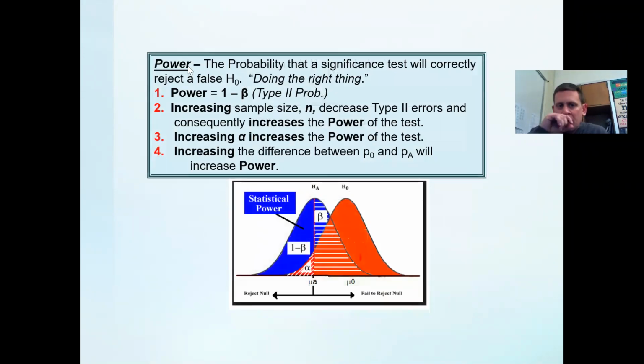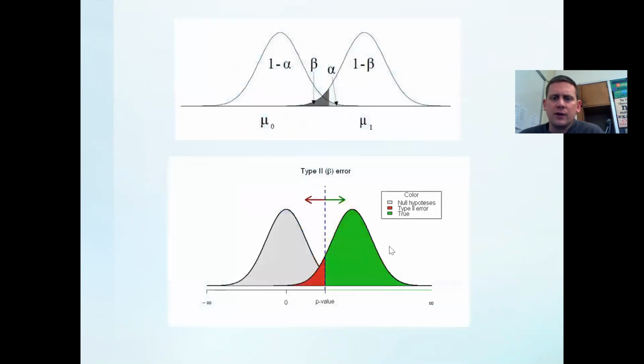All right, so here's some other ways of looking at it. The power is the probability that a significance test will correctly reject a false null. Doing the right thing. Power is 1 minus beta. So if I go back to this graph here, whatever this red is, if I want to figure out the power, I take 1 minus that.